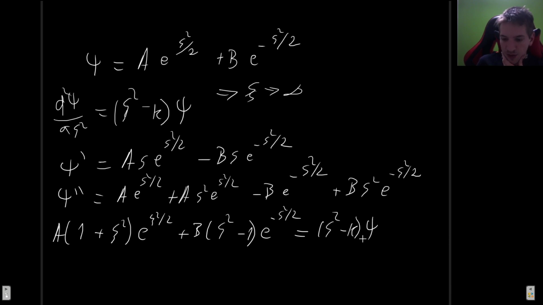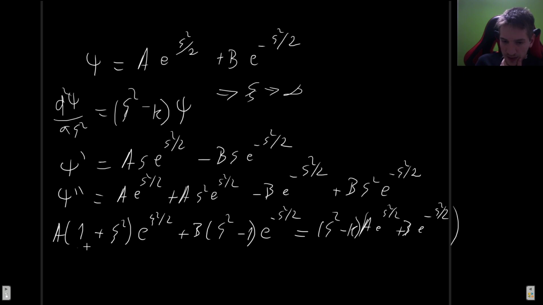But this is supposed to be in the limit, and the solution is just going to be a e to the ξ² divided by 2 plus b e to the minus ξ² divided by 2, in the limit where ξ is very, very large.